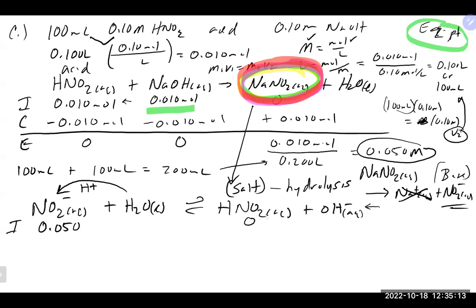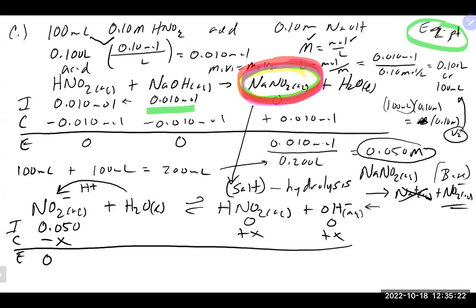The rest of these are going to be zeros and x's here. Minus x plus x plus x. This is going to give us 0.05 minus x, x, and x. This will go into our K, which is our products, divided by our reactant.